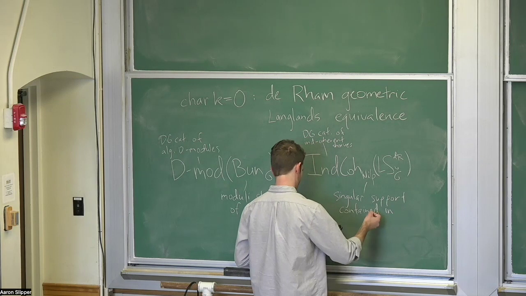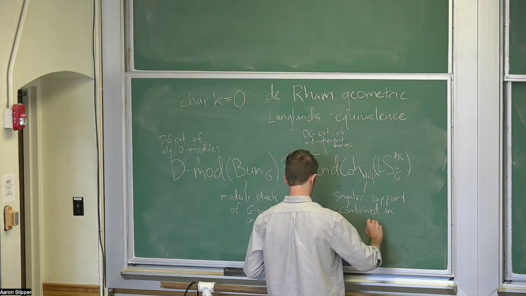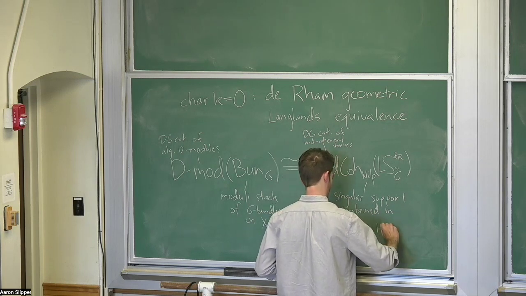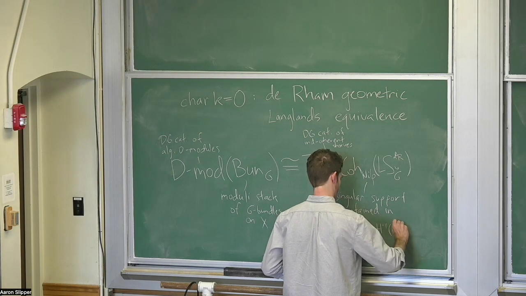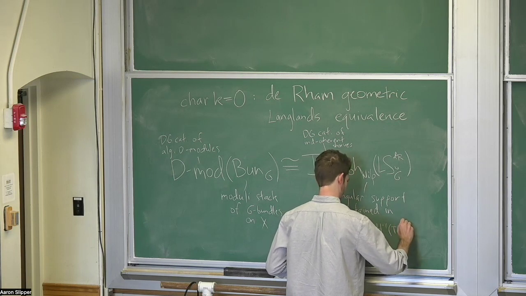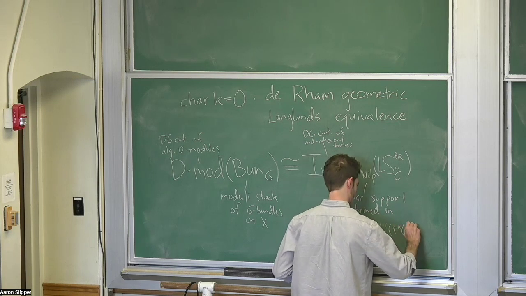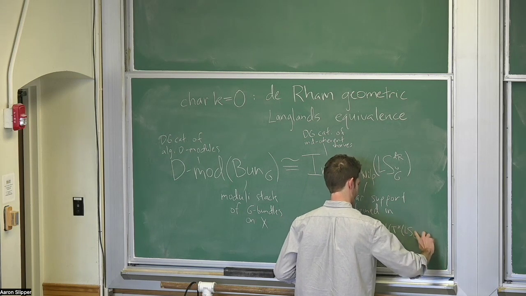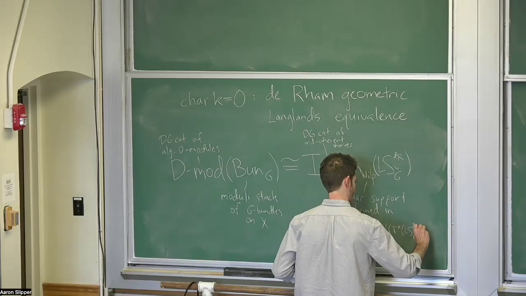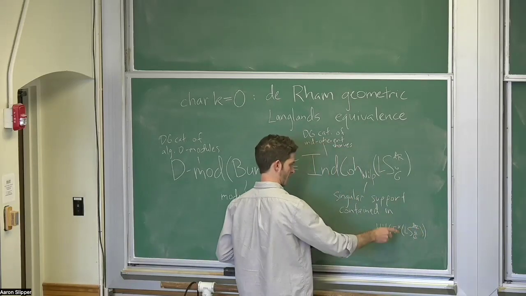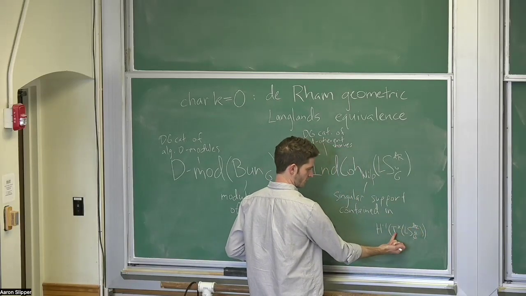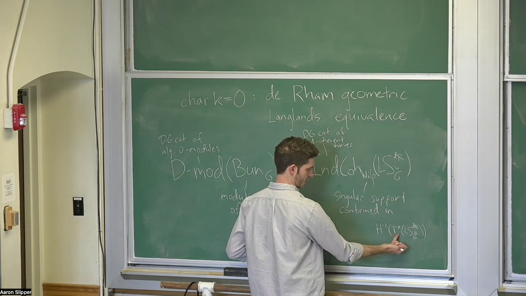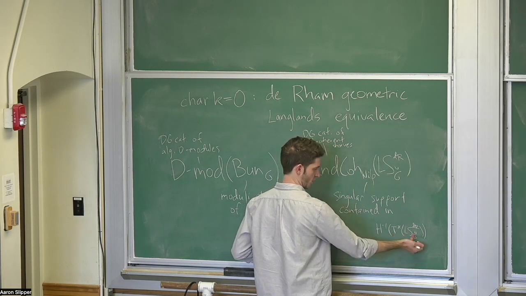What the singular support condition is saying is that there's a natural home for singular support conditions in the setting of coherent sheaves. If I have a nice algebraic stack like this, it has a cotangent complex concentrated in degrees -1, 0, and 1.